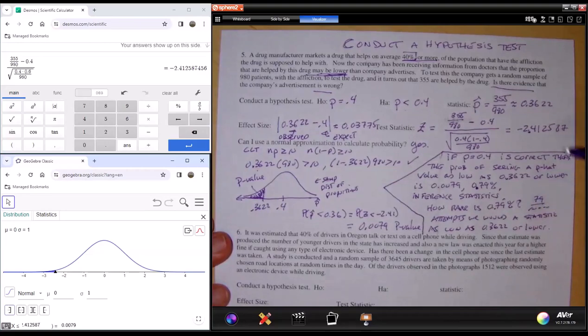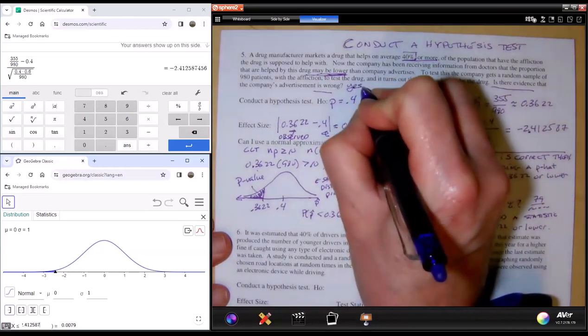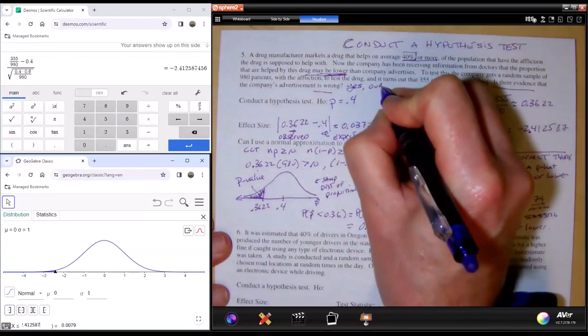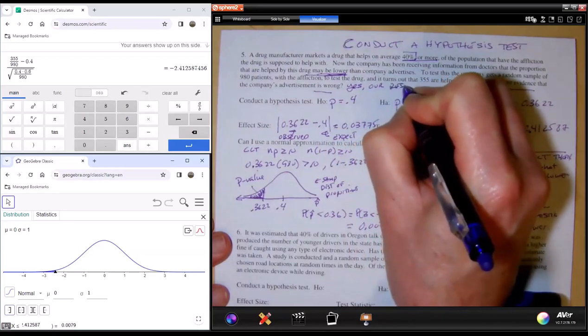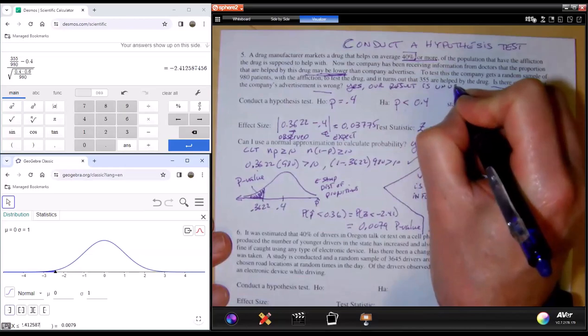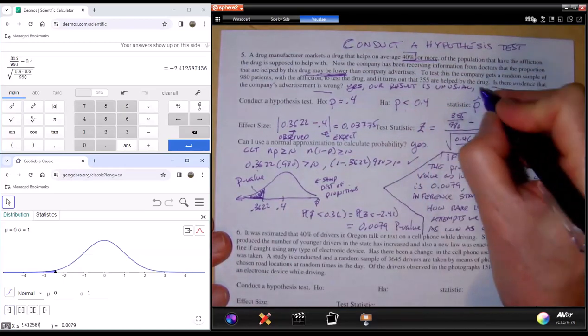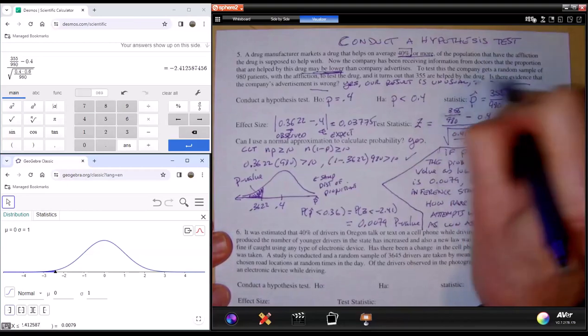So what can we infer? Is there evidence that the company's advertisement is wrong? And the answer to this question is yes. Our result is unusual if we assume the null hypothesis is correct.